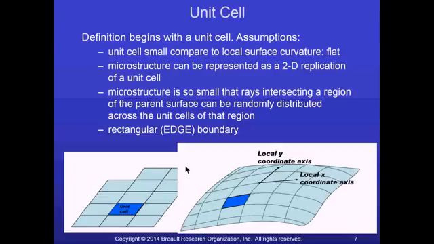Basically, the fundamental requirement of the microstructure is, as the word micro implies, that it is small. Our unit cell, which represents each structural element within your microstructure as a whole, needs to be small compared to the local surface curvature, so that in the local region around where we're positioning a microstructure element, we can assume that the surface is effectively flat.